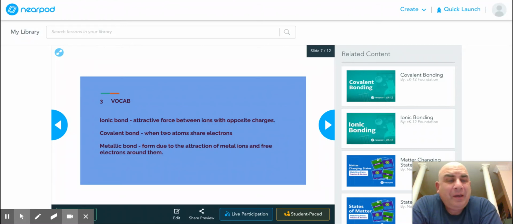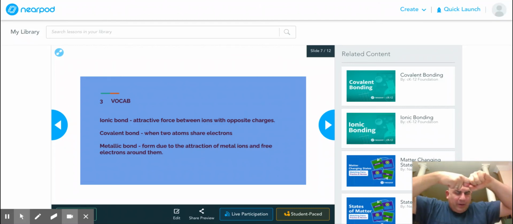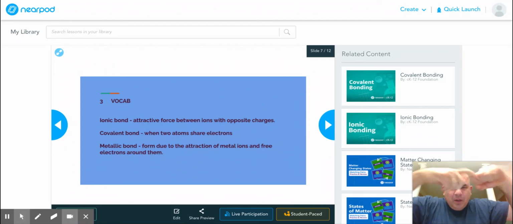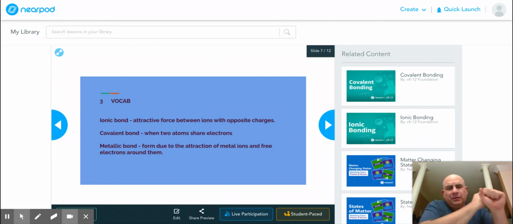They just say, hey, I need one. You got one? Sure, let's share. That means they're kind of like holding hands. And they're going to hold hands for a long time until something breaks them apart. Metallic bonds form due to the attraction of metal ions and free electrons around them. So, atoms are either attracted, going to share an electron, or they're attracted with metals.